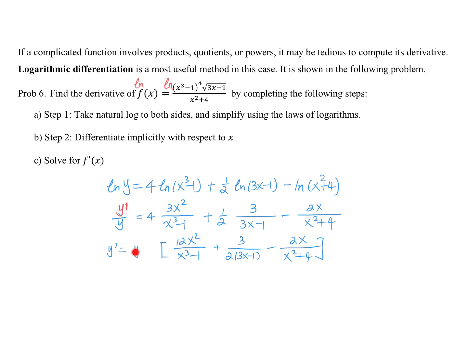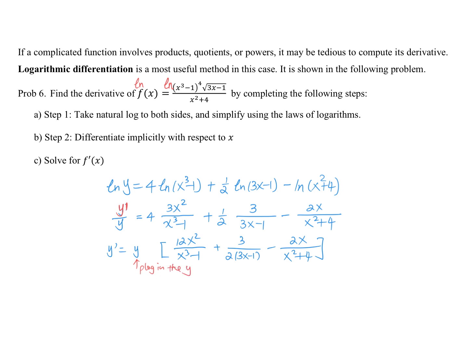You want to substitute y. What is y? y is the function given, so you want to replace y with the given expression, right? So basically you want to plug in the y.